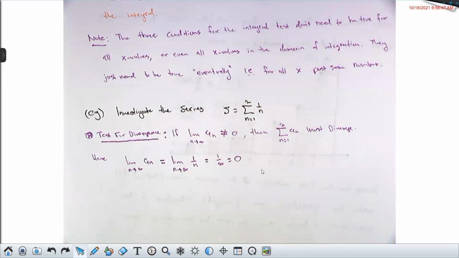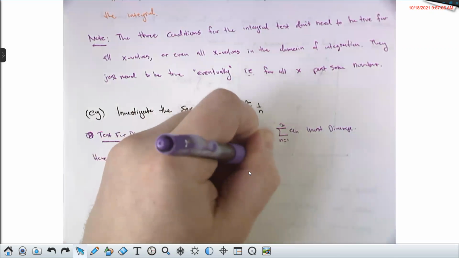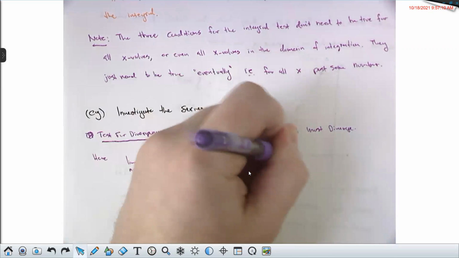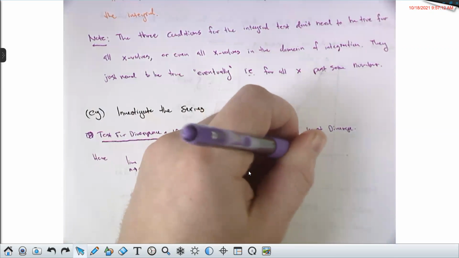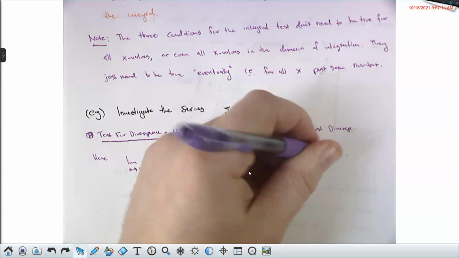That it converges? Careful. Now that it doesn't diverge? Yeah, not even that. Not even that. So this says if the limit is not 0, then the series must diverge. If the limit is 0, we don't learn anything. Right?